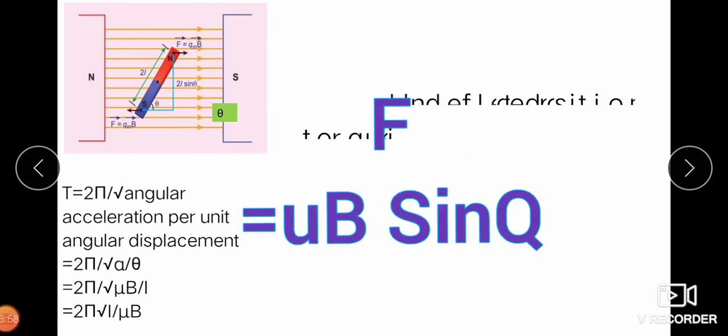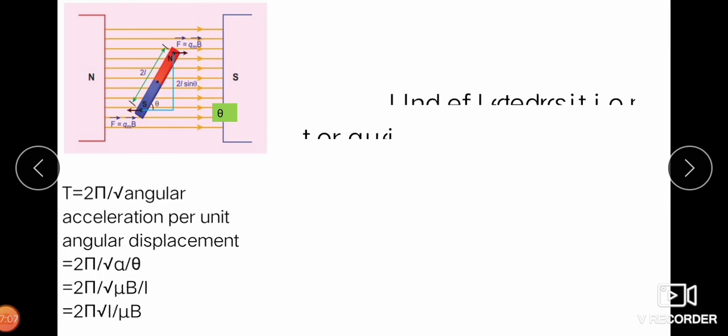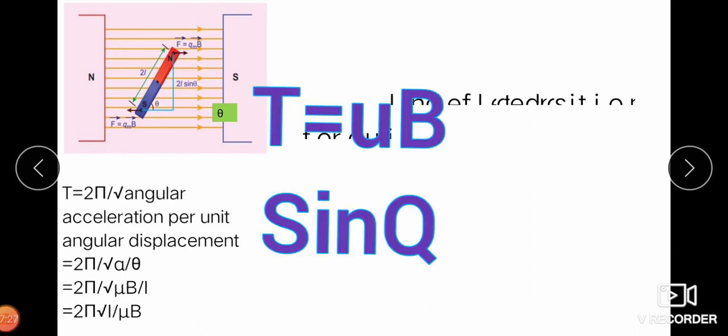Then the force acting on the magnet is mu B sin theta, equal in magnitude and opposite in direction. The forces on the north and south pole of a magnet will form a couple, and due to this couple, a torque acts on this magnet, and this restoring torque makes the magnet perform angular SHM about the mean position, and hence the torque acting on the magnet is given by mB sin theta.